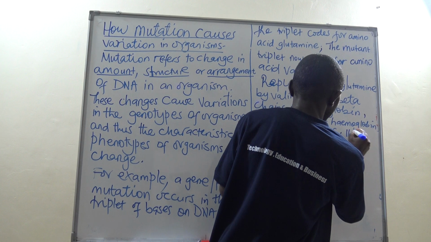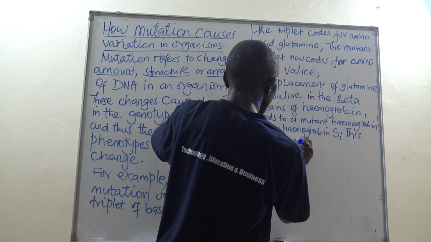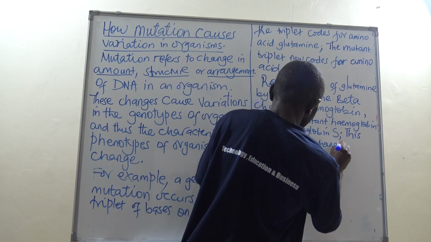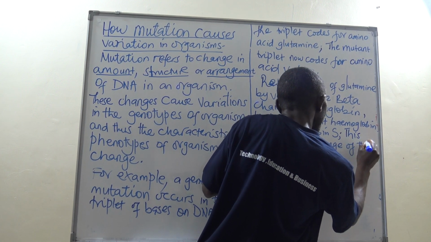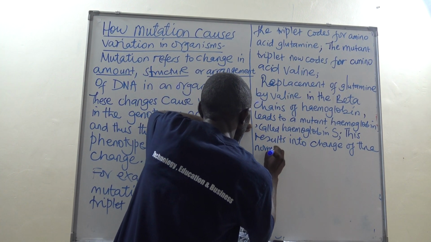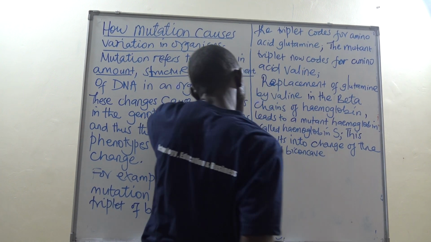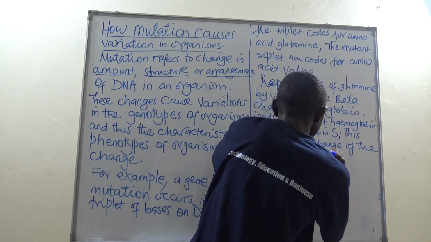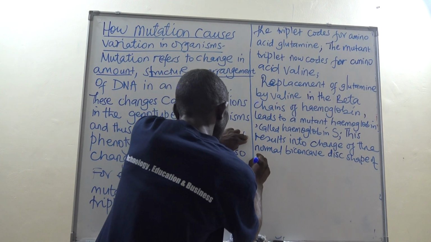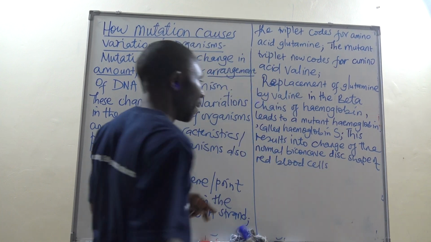This results in change of the normal biconcave disc shape of red blood cells. Okay?